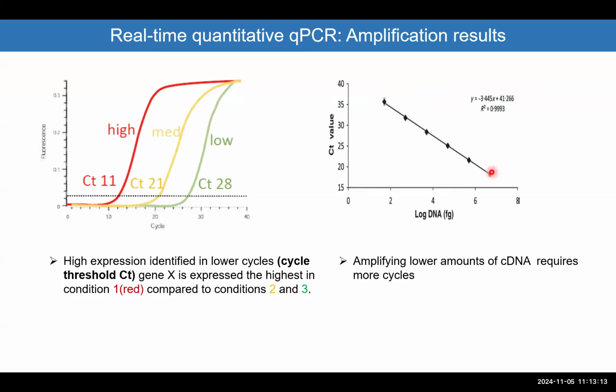So we can say that in this condition, when we get the curve, imagine you want to know the expression in one of the conditions, but you want to know exactly how much DNA you started with. So to do that, we need to generate this curve, and we need to get the slope and the R squared. This is statistics. You should know how to do that.